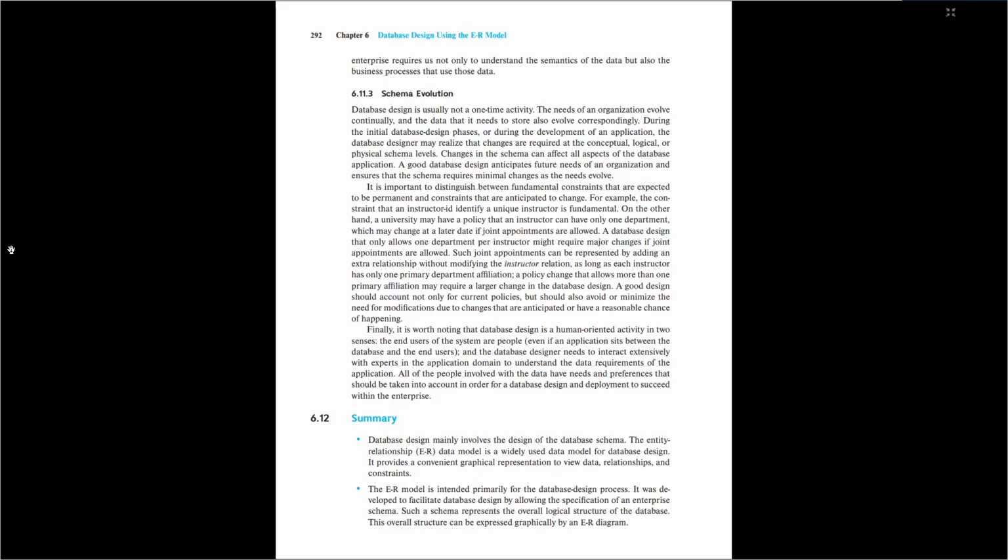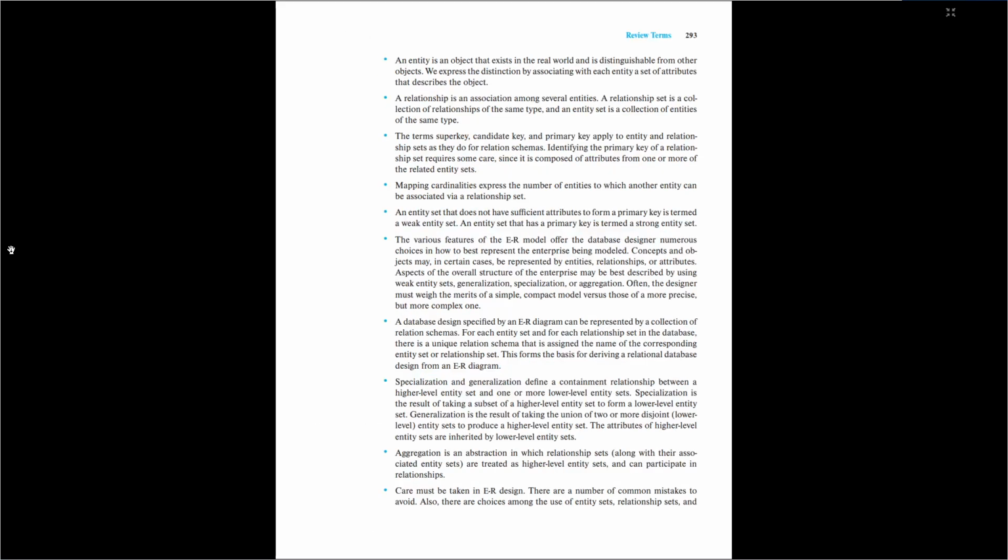6.11.3 Schema evolution. Database design is usually not a one-time activity. The needs of an organization evolve continually, and the data that it needs to store also evolve correspondingly. During the initial database design phases, or during the development of an application, the database designer may realize that changes are required at the conceptual, logical, or physical schema levels.